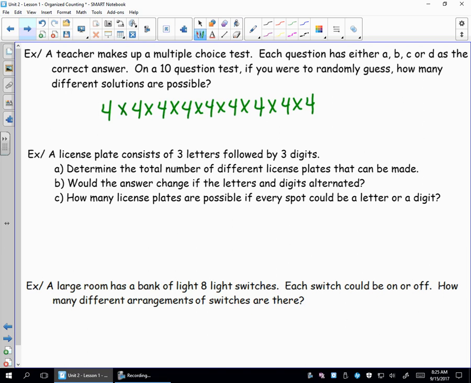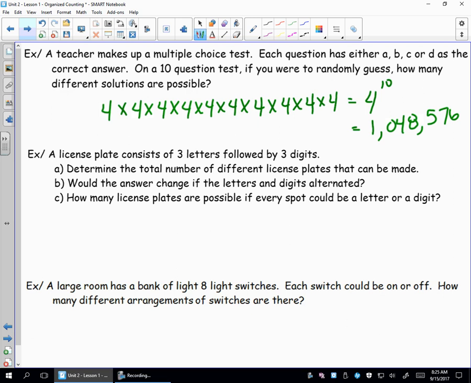It's way faster to say there's 4 choices, 10 times. And if we do that, it turns out that there's 1,048,576 different combinations of guesses you could make. You don't want to go through all those for sure.